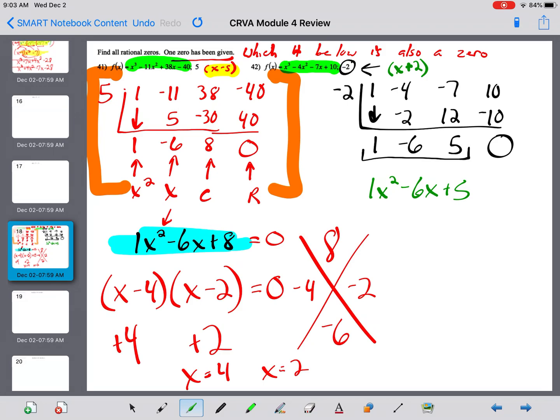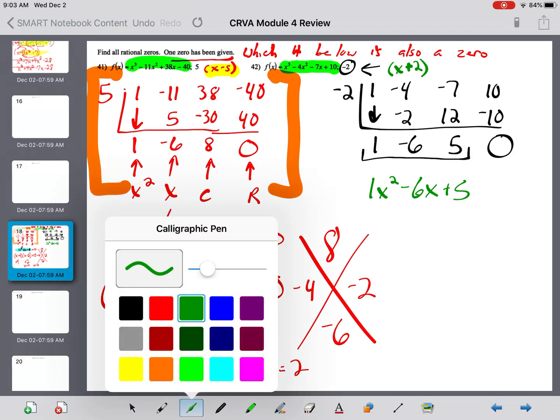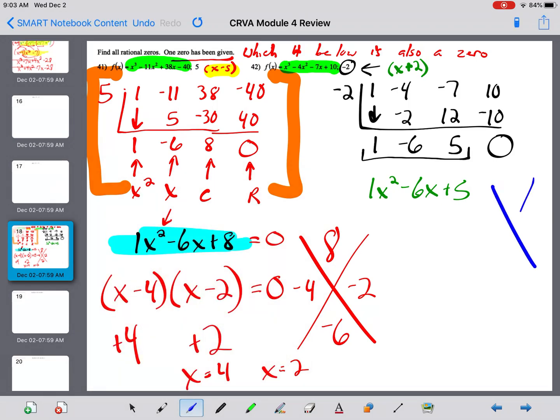we realize that our remaining polynomial is 1x squared minus 6x plus 5. Now, this is a quadratic, or a degree 2 trinomial, folks, so you can use the quadratic formula, but if you can factor that thing instead, go for it. Numbers that multiply to 5 and add to negative 6. Negative 1. Uh-oh. Maybe this one's not factorable. I feel like I'm just not awake yet this morning.